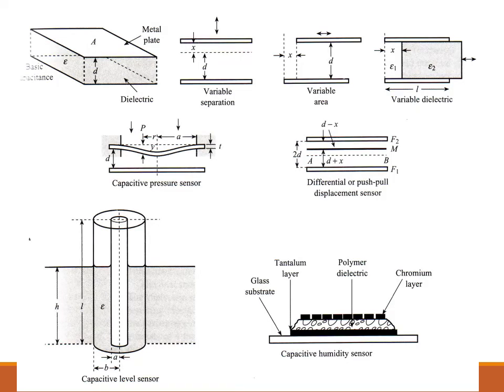As a summary, a capacitive transducer is a transducer that converts a measured variable to a change of capacitance value. This is the basic design for a capacitive transducer, where we have two plates separated by a distance, and in between that we have a dielectric material.